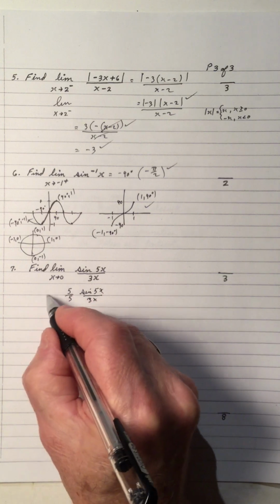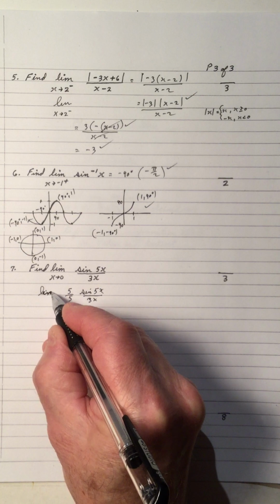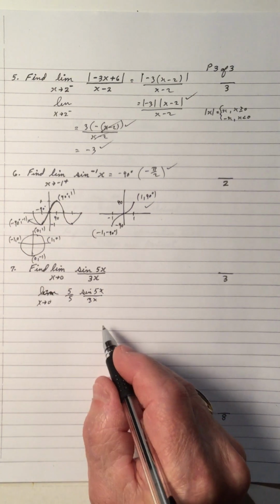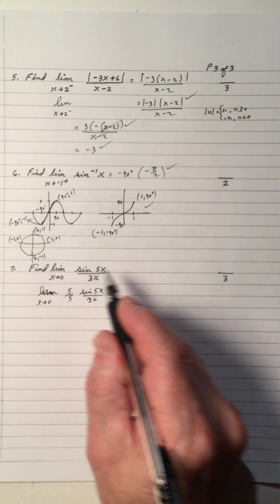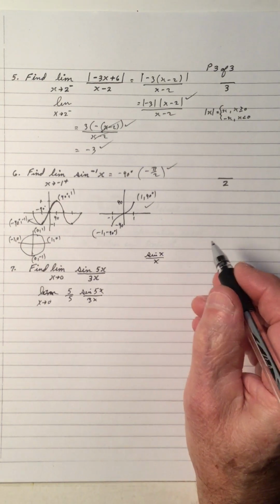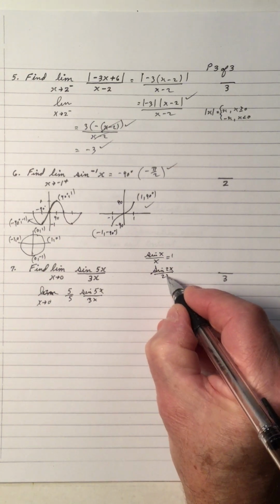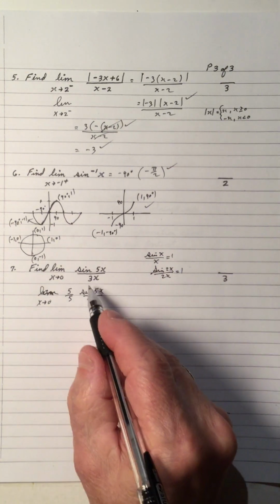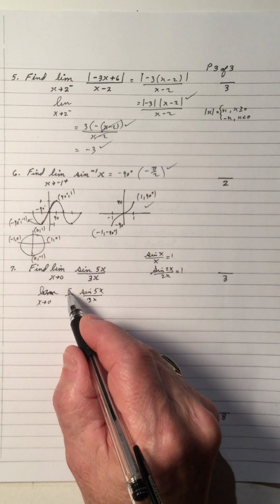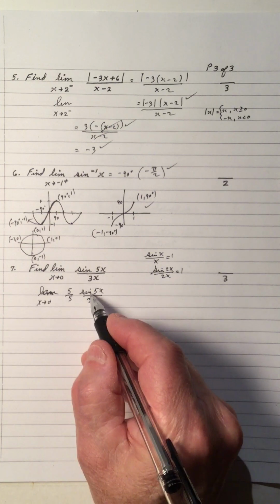In order for, what I'm trying to get at is the sine of x divided by x is 1. The sine of 2x divided by 2x is 1. So if this is a 5x here, I need a 5x here. So by putting 5 over 5, I haven't changed this expression at all. 5 over 5 is the same as 1.